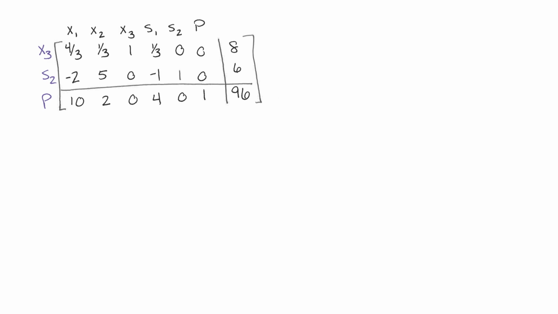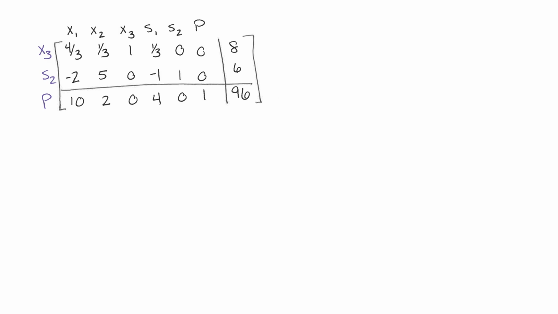It is a non-basic variable. S2 is 0, 1, 0, so S2 represents row 2. P is 0, 0, 1, and that column should never change throughout the process, so P should always represent the last row.